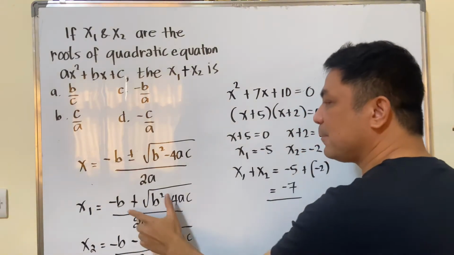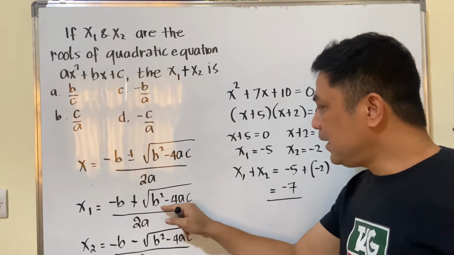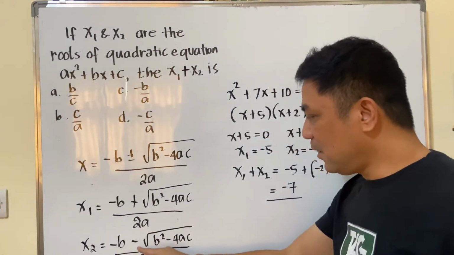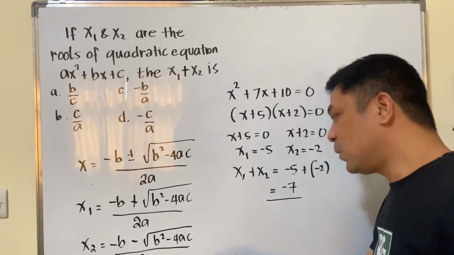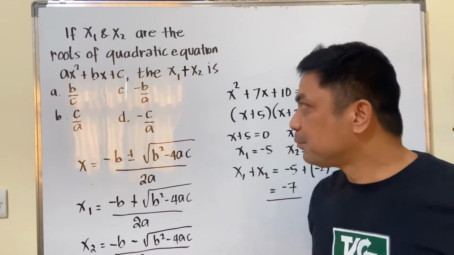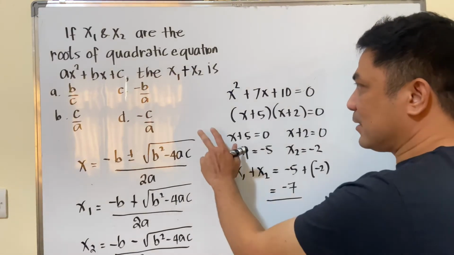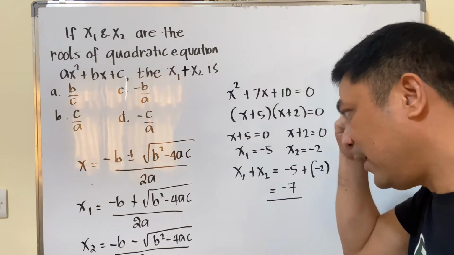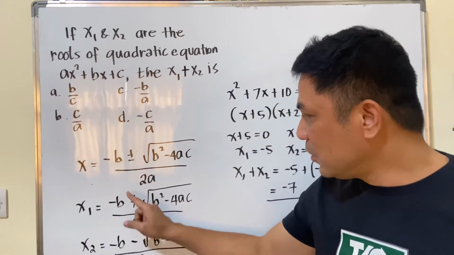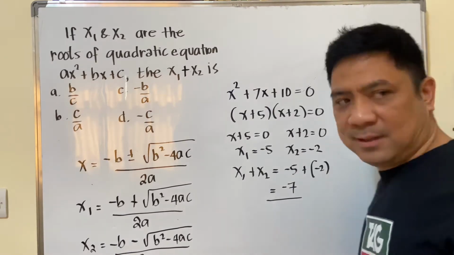The first root is negative b plus the square root of b squared minus 4ac over 2a, and the other root is negative b minus the square root of b squared minus 4ac over 2a. So how do we get an answer for this particular problem? Let's try to add x1 and x2 using this formula. So how can we do that?